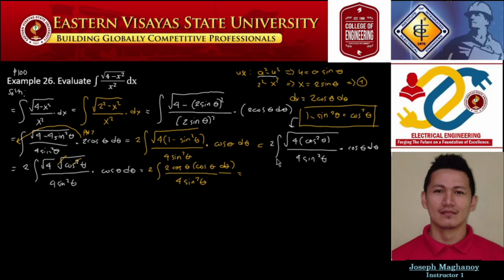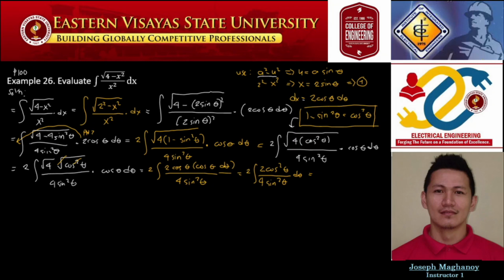Okay, so what will happen next? So we carry out the real number constant. Do we need to carry out? Not yet. So we multiply 2 cosine, that would be cosine squared theta all over 4 sine squared theta d theta.